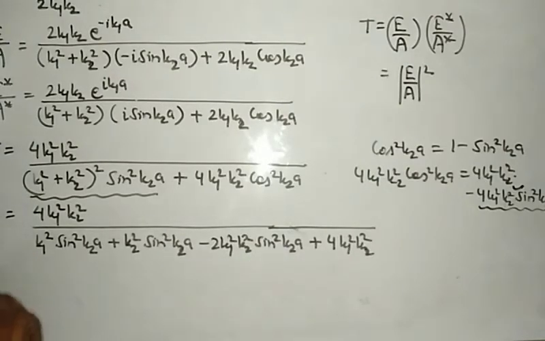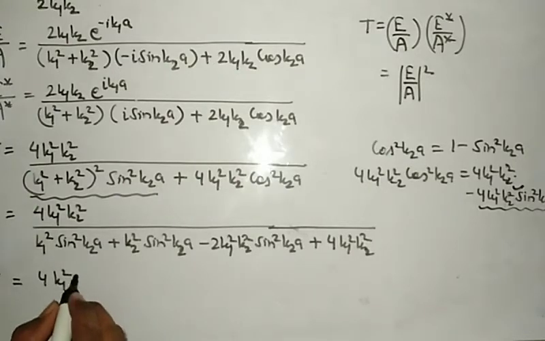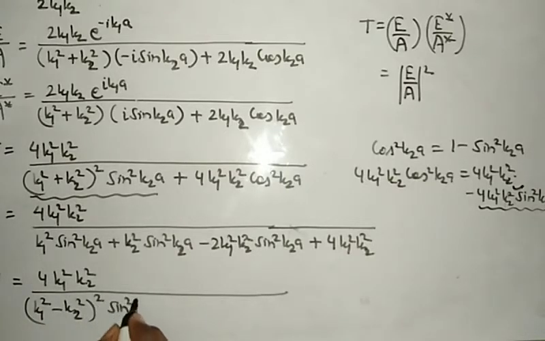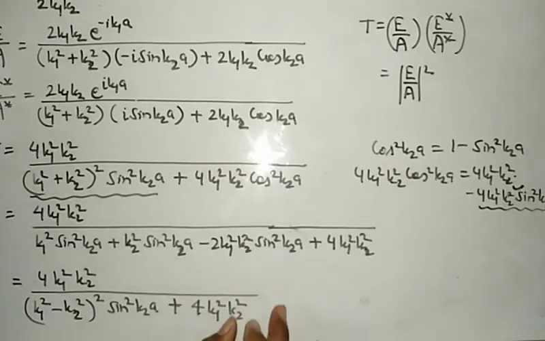So finally writing T: 4 k1 square k2 square upon k1 square minus k2 square whole square sin square k2a plus 4 k1 square k2 square.